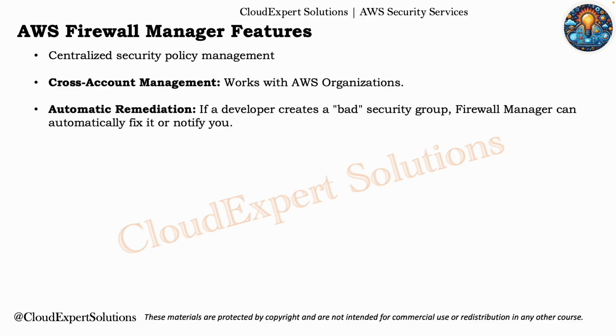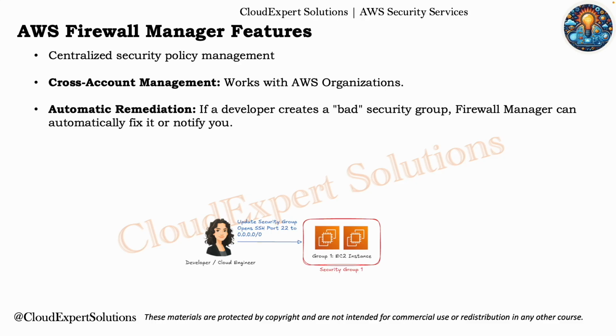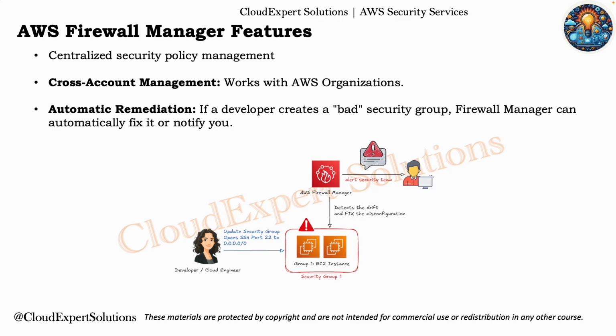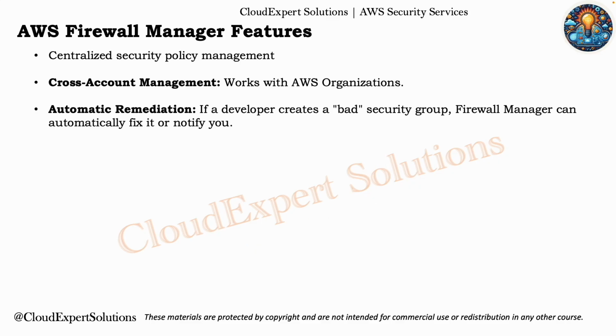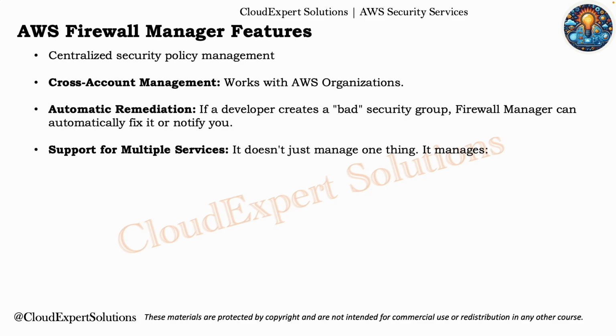Third, automatic remediation. If a developer accidentally creates a bad security configuration, for example, maybe they have opened the SSH port to the world, then Firewall Manager can automatically fix the issue or alert the security team based on your policy. One of the most important features is support for multiple AWS security services.